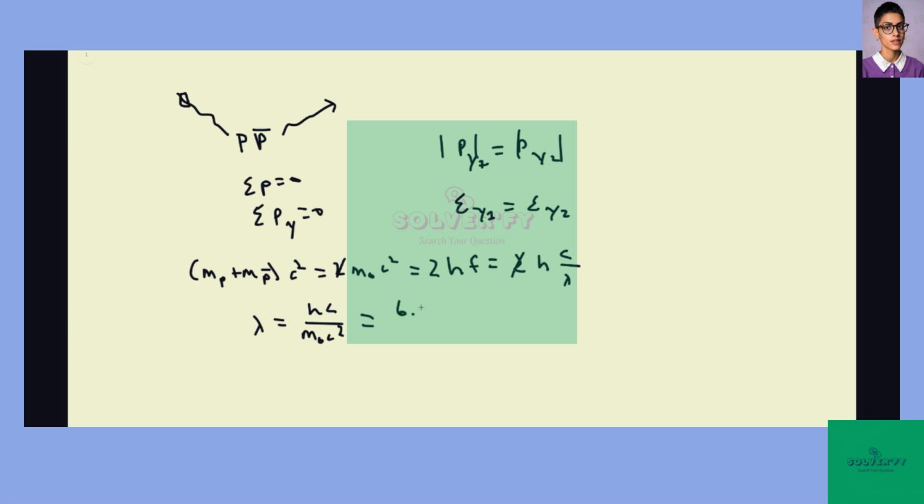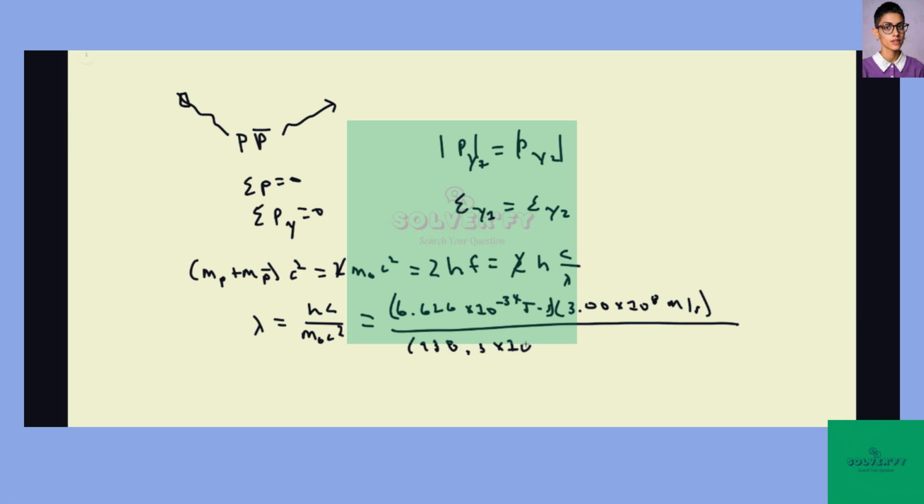So we have 6.626 times 10 to the minus 34 joule seconds times the speed of light, 3.00 times 10 to the 8th meters per second, divided by the rest mass of a proton, 938.3 times 10 to the 6th electron volts, and then since we're using units of joules, we're going to convert this to joules, 1.60 times 10 to the minus 19 joules per electron volt.